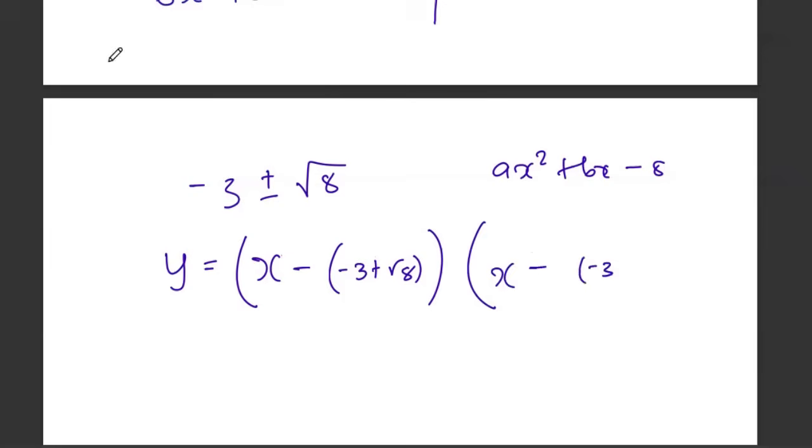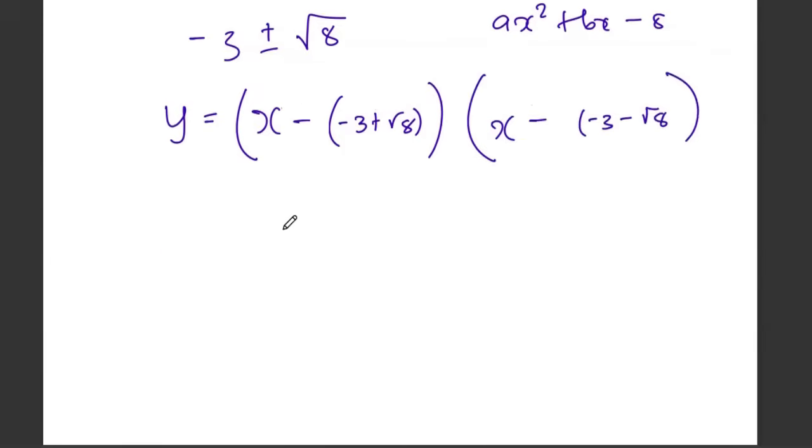Okay. But this is also something that we can use. Say x plus 3 plus root 8, times x plus 3 minus root 8. Okay, so if we open this up, let's just confirm and see if the 8 will come out the way we want it. This and that is going to be x squared. This and that is going to be a negative 3 minus root 8, this is x.